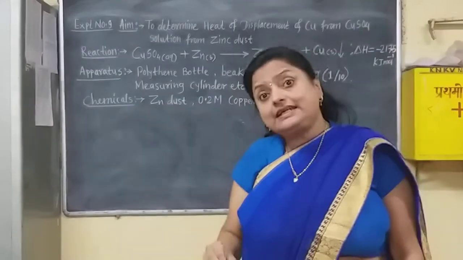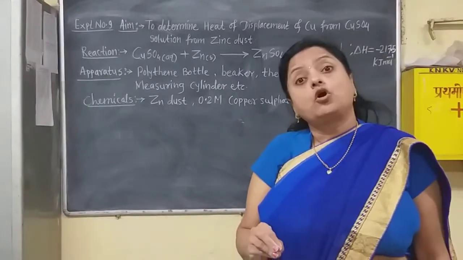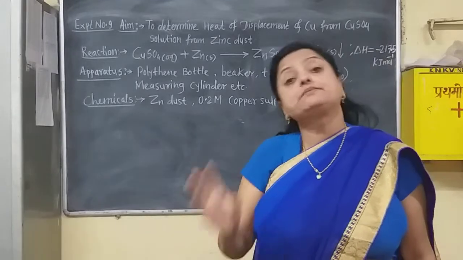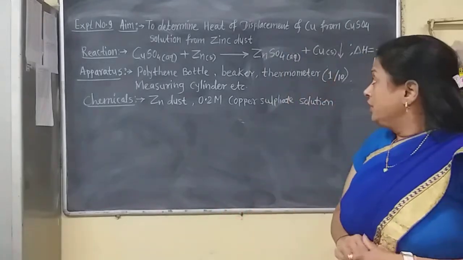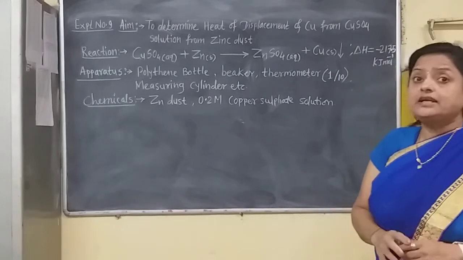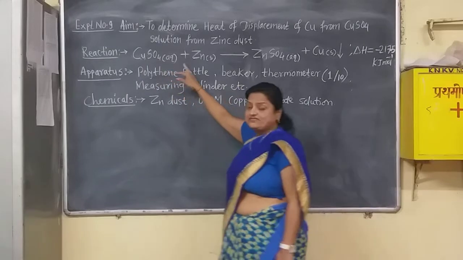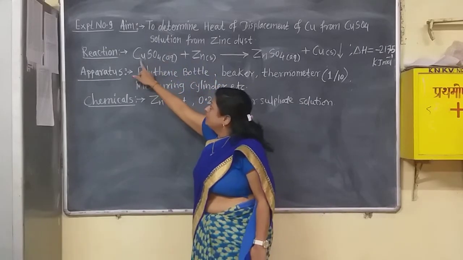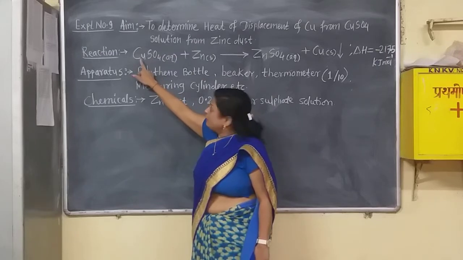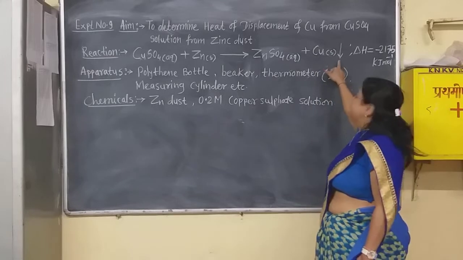During that time, we have to calculate the enthalpy of displacement, or heat of displacement. The reaction is in this way: copper sulfate aqueous reacts with zinc, this zinc takes the place of copper, and copper gets precipitated out.